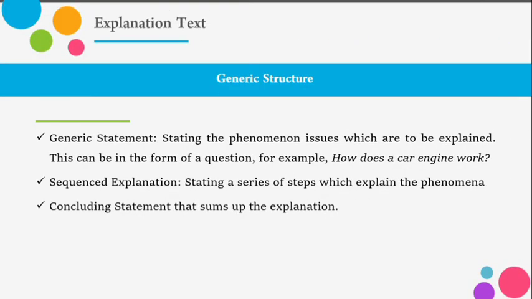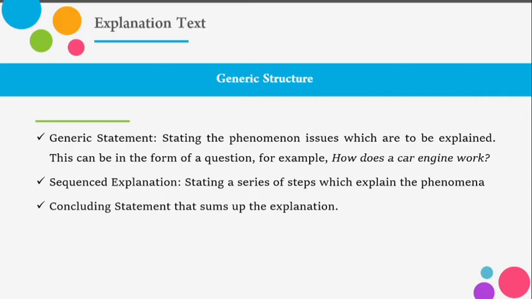Let's turn to the generic structure of explanation text. There are 3 generic structures. The first is the general statement. General statement is stating the phenomenon or issues which are to be explained.